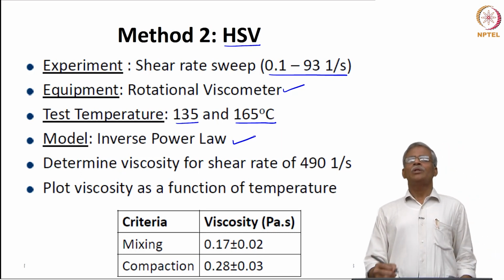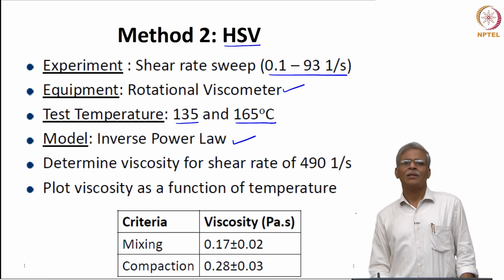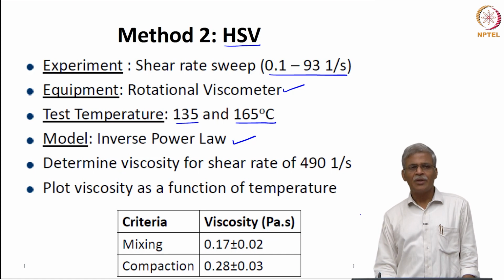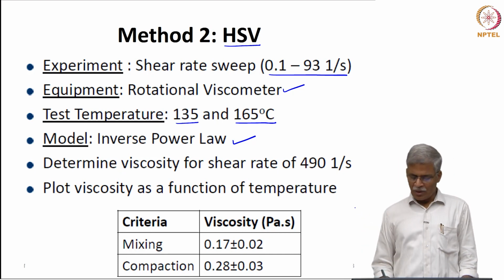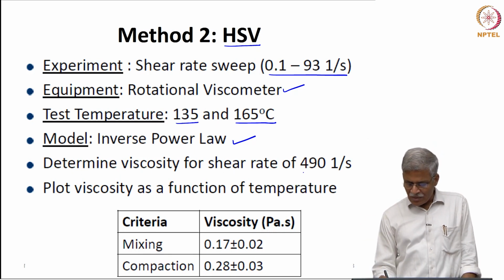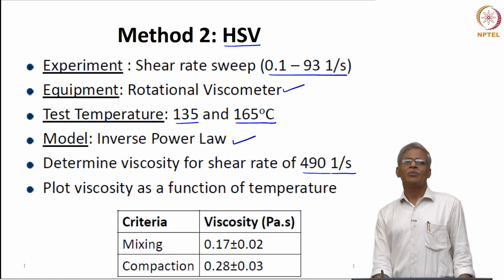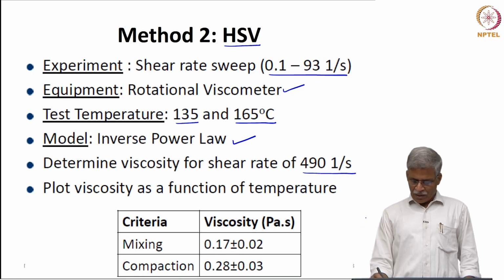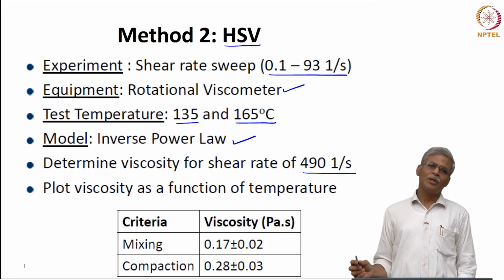Then, using this inverse power law model and the experimental data collected at 135 and 165 degree centigrade, you will find out the model parameters and then find out the viscosity at 490 reciprocal seconds.